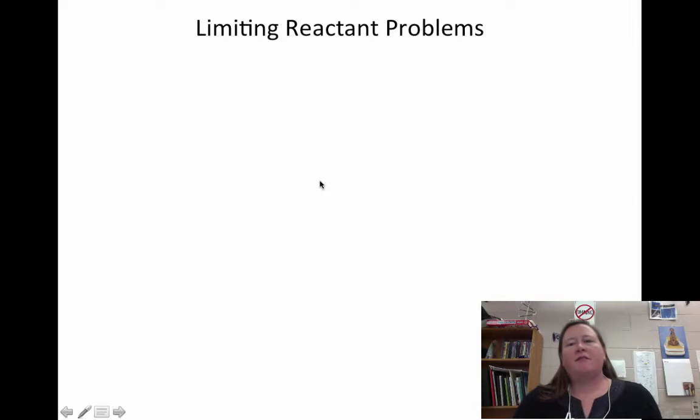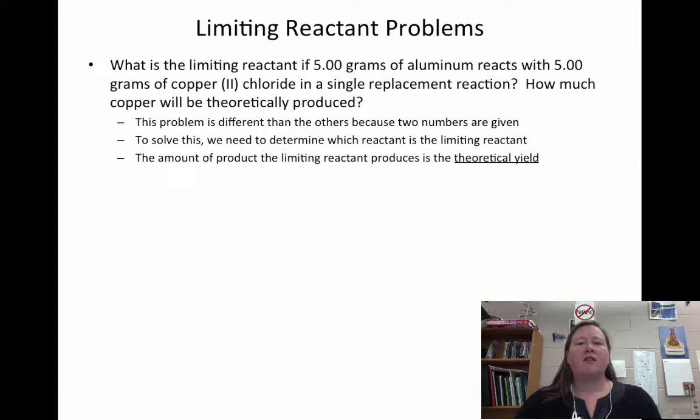So, limiting reactant problems have to be done if you are given a problem in which two numbers are given. For every single problem that we've done so far, only one number has been given. And I told you that the first thing you should do is, number one, balance the equation, and then number two, look for the number.